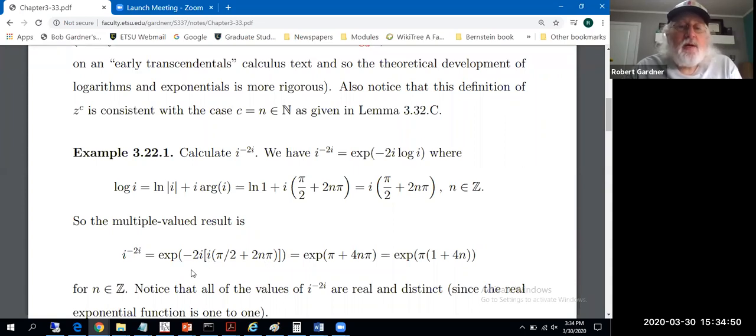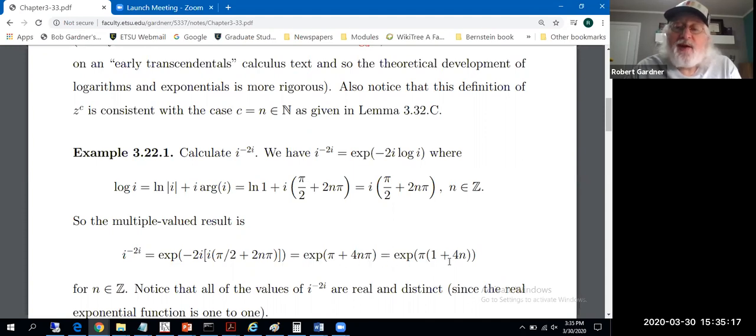Substituting in, funny thing happens, geez, the i from here and the i from here get together, produce a -1. We lose this negative sign here, and we're left with e to the 2 times pi halves plus 2n pi. We'll distribute that 2, and we'll get e to the pi plus 4n pi.